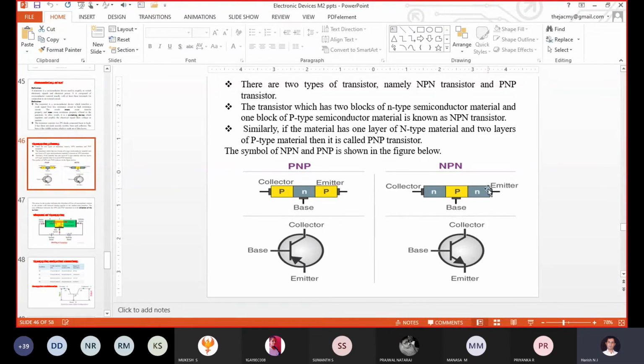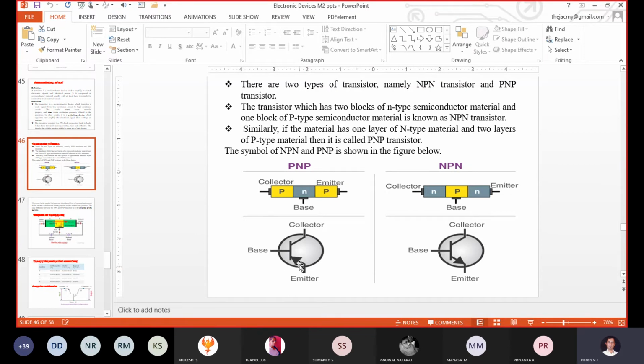Just check it out here. There are three terminals, as I already told: collector, base, and emitter. In the NPN or PNP transistor, the middle one is always the base. The symbolic representation of the PNP and NPN transistor is displayed in the slide.